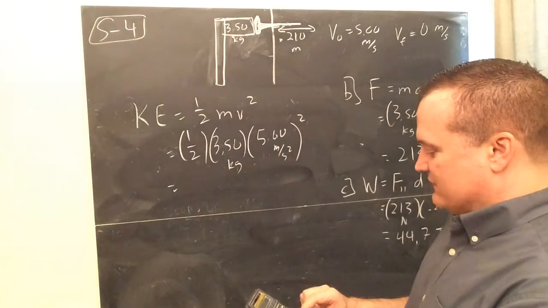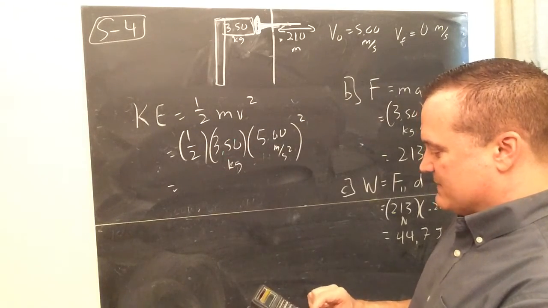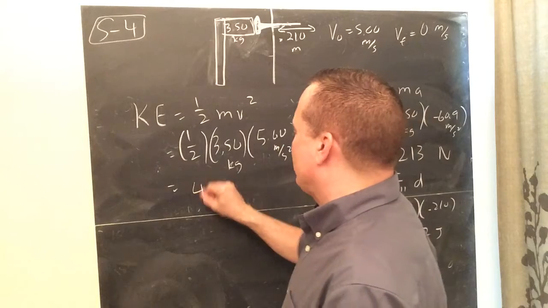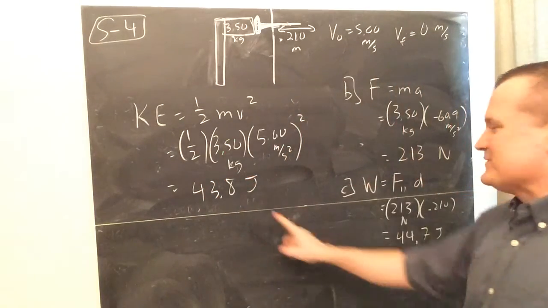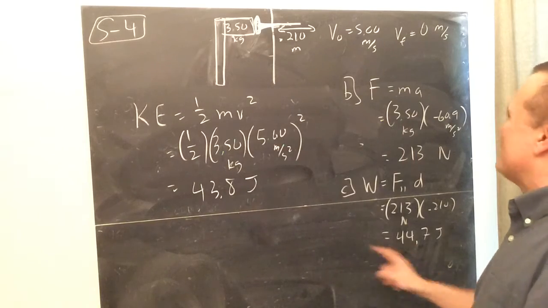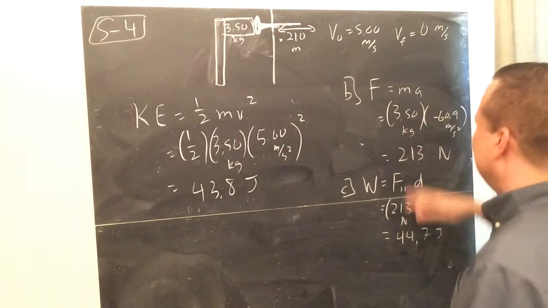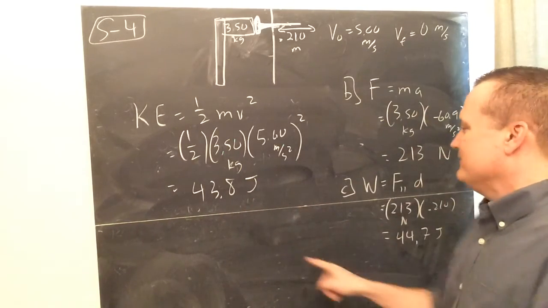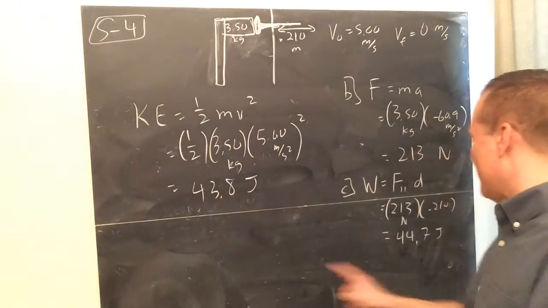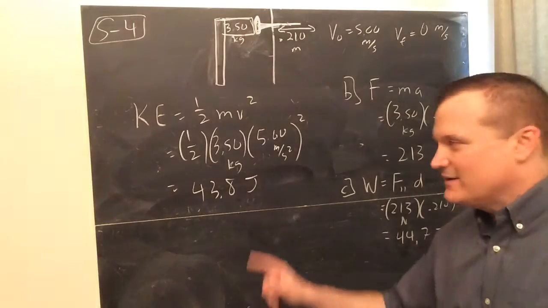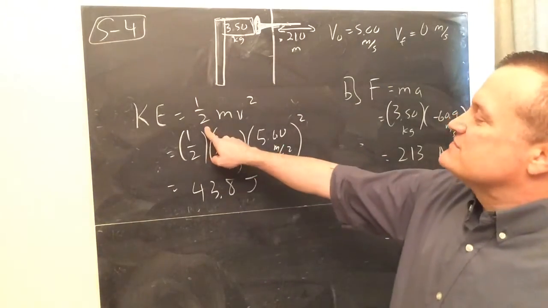So that will be 25 times 3.50 divided by 2, and I get 43.8 joules. Those numbers should be equal, but of course we went through a lot of steps and rounding, and hopefully I didn't make an error, but they're really close. They're just about 44, about 1 apart. But they should be the same.